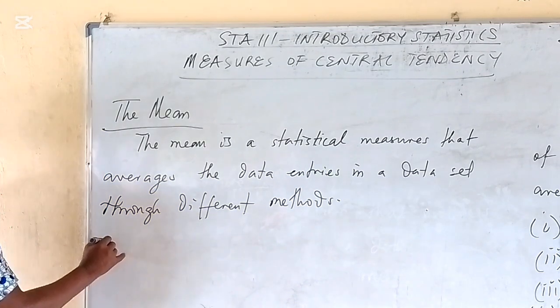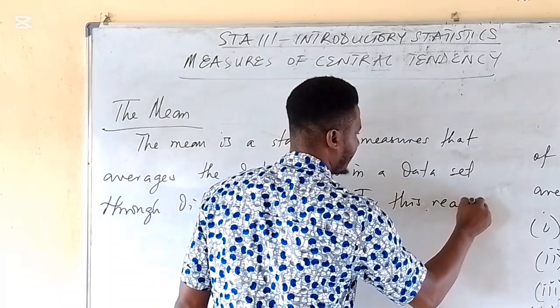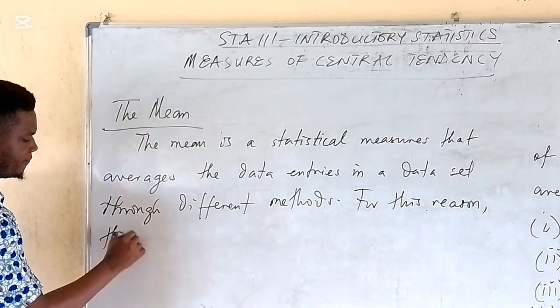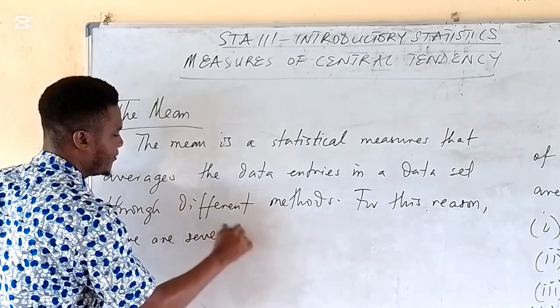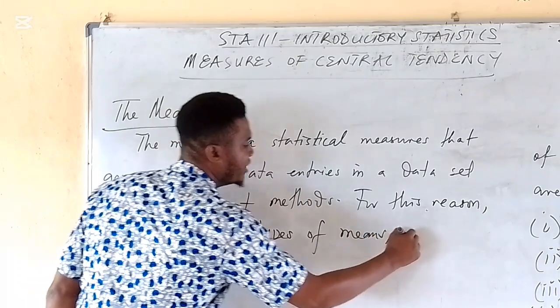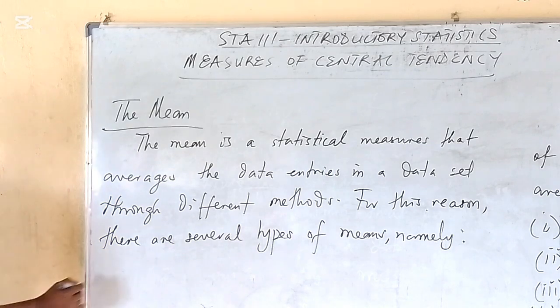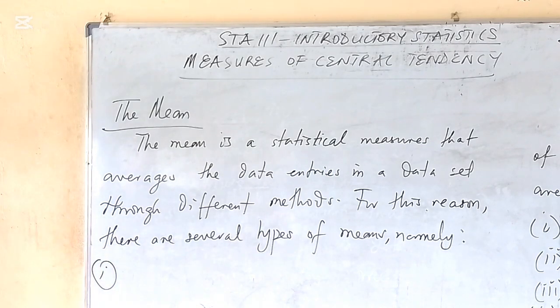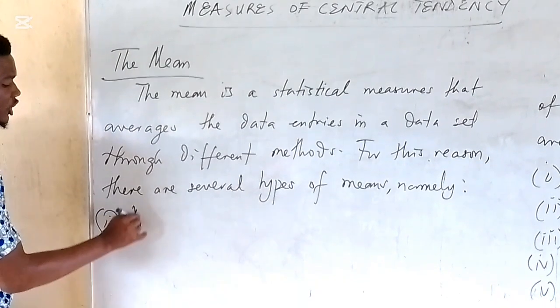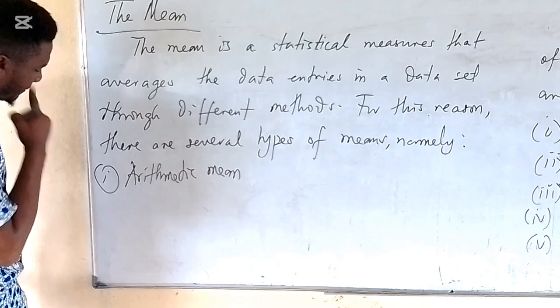So, for this reason, there are several types of means. Namely, 1, what are we trying to say? What we are trying to say in essence is that you should not think that the mean is just the arithmetic mean. The arithmetic mean is just one type of mean, right?